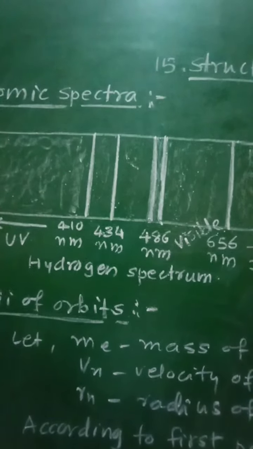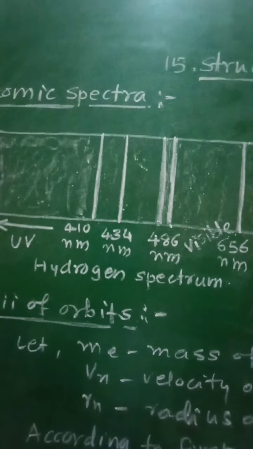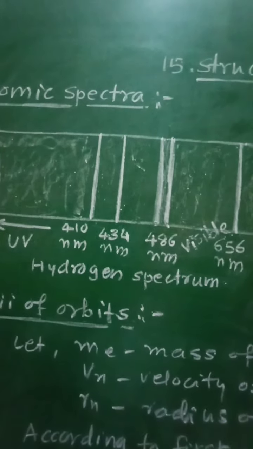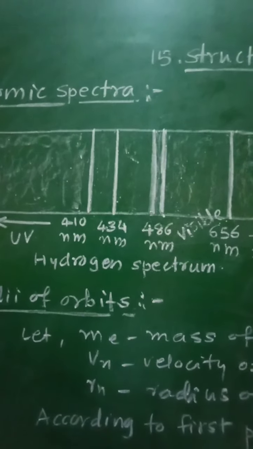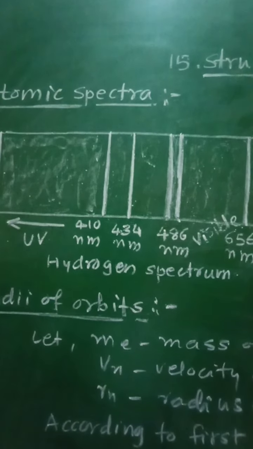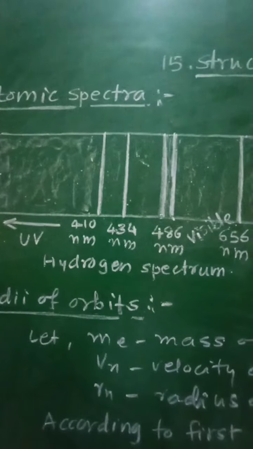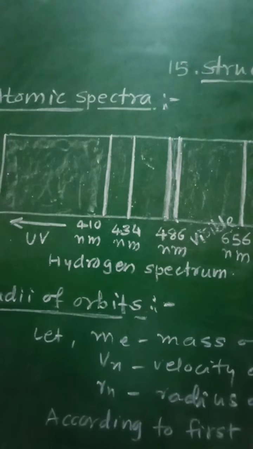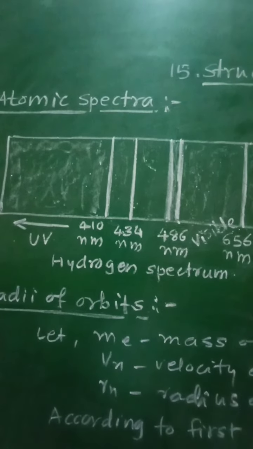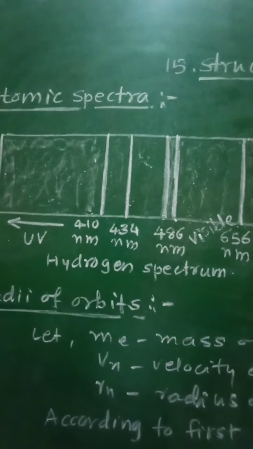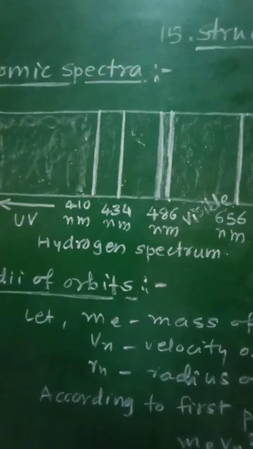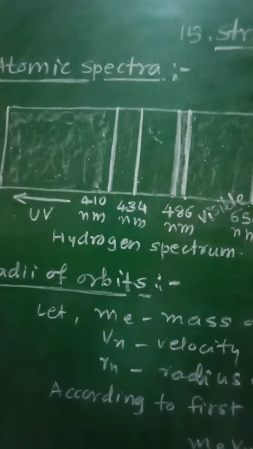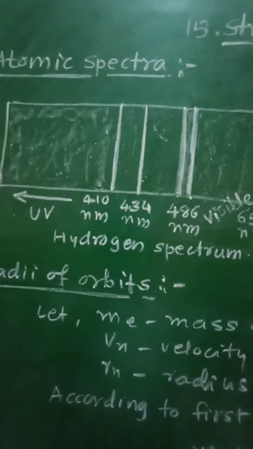The spectral lines can be divided into groups, and these groups are known as series. These series are given the names of different scientists.